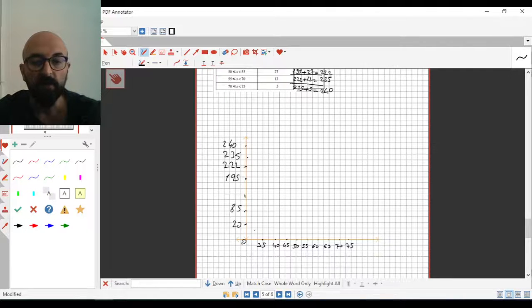Okay, now we have no cars whose speed is between 0 and 35.